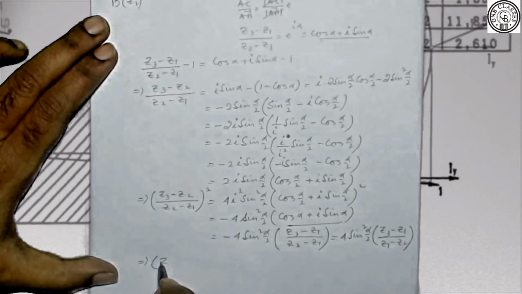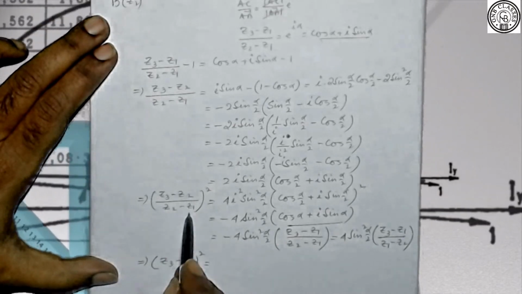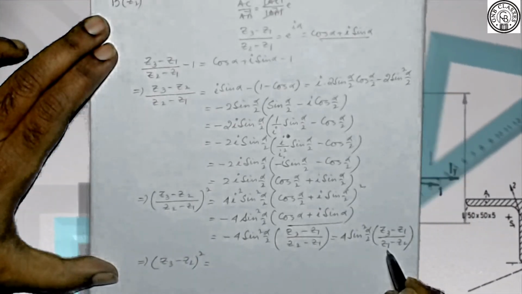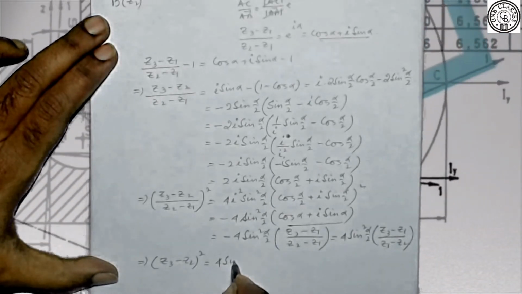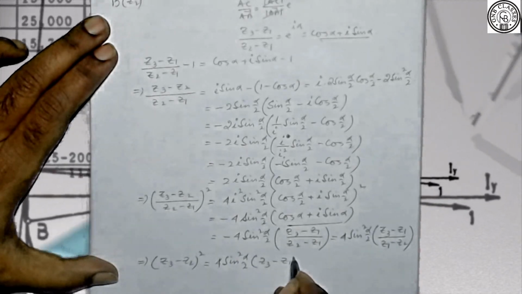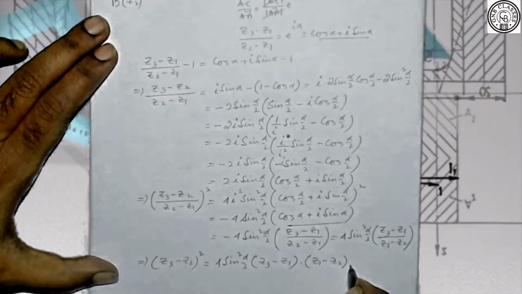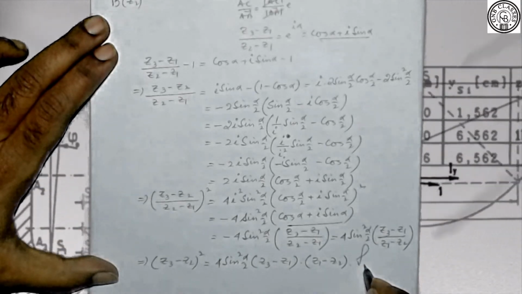So (Z3 minus Z2) whole square equals, (Z2 minus Z1) whole square will go in the right hand side and one part will get cancelled. So we are left with 4 sin square alpha by 2 (Z3 minus Z1) into (Z1 minus Z2). Is it clear or not? Tell me. Hence, proved.